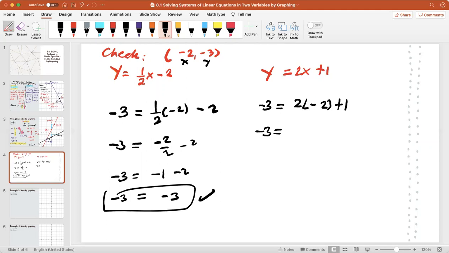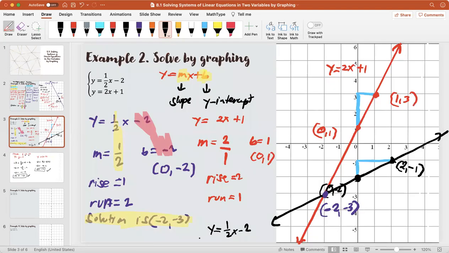Still -3. 2 times -2 is -4, plus 1. What's -4 plus 1? -3. All right, so both equations are satisfied, then that means that we've graphed it so accurately, and the solution is really -2, -3.